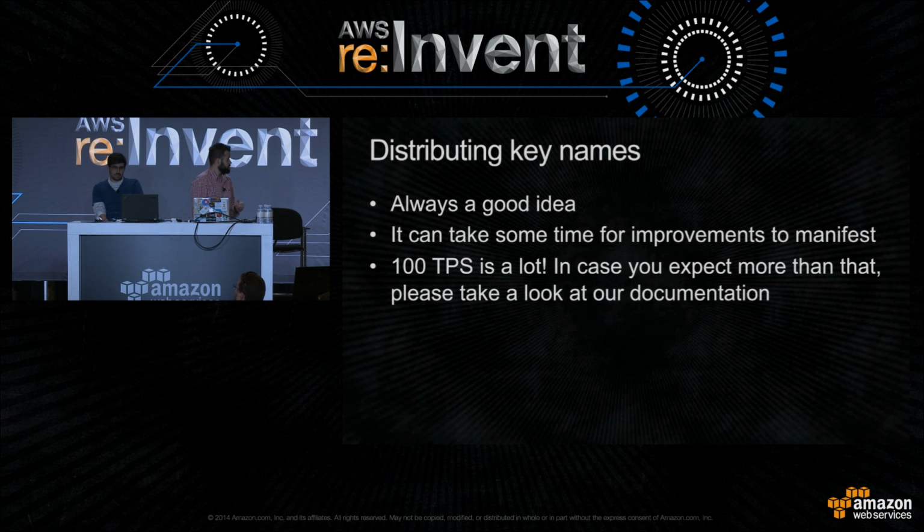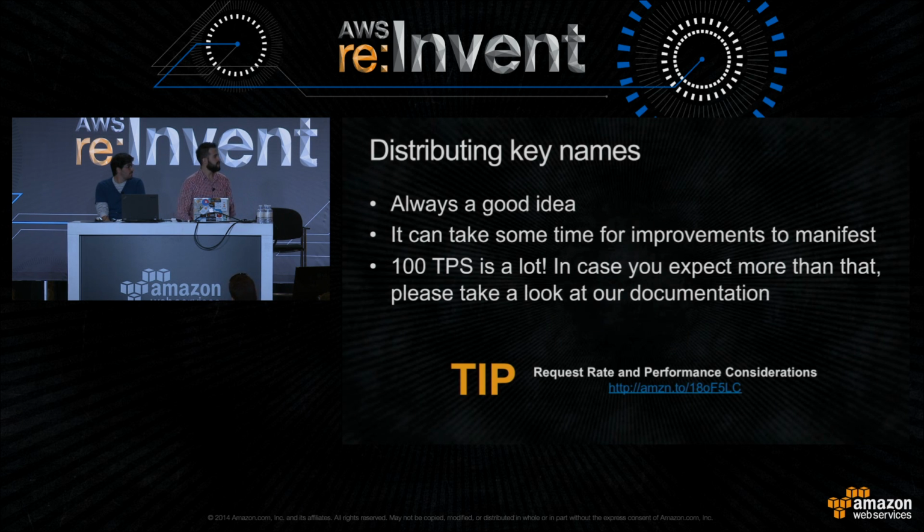And like I told you, 100 TPS is a lot. That's a lot of transactions. To exceed 100 TPS is a lot. But even so, in case you expect more than that, once again, the documentation that we have on AWS has tons of tips for you to create the best naming scheme for your use case scenario, okay?